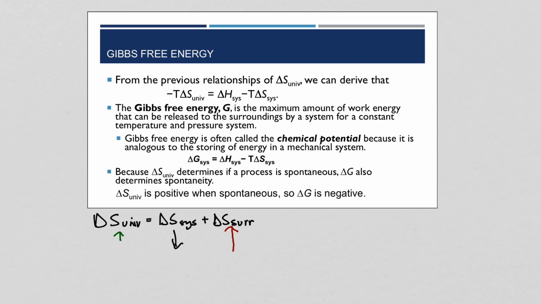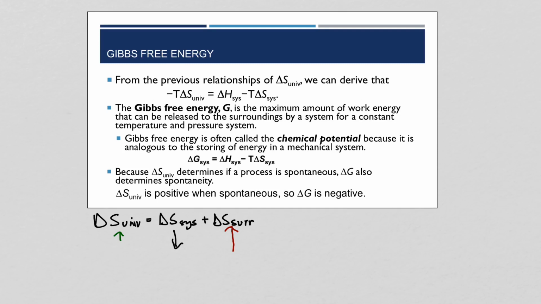So we got into this idea that the system itself can have a lowering of entropy as long as it's exothermic and the surroundings have an increase in entropy that is greater than the decrease of the system, so that we meet the second law that the entropy of the universe increases. So we don't violate the second law, right? Spontaneous reactions always increase the entropy of the universe.